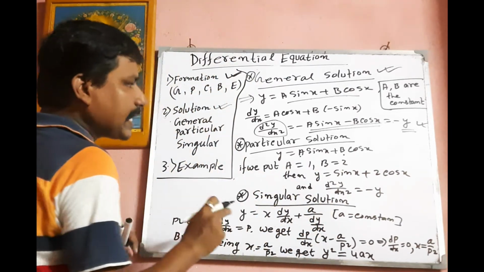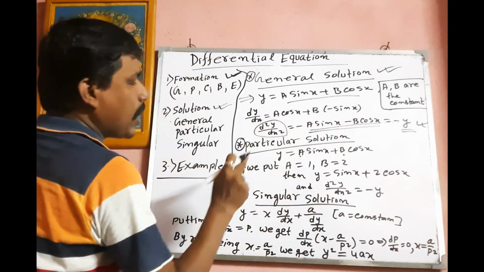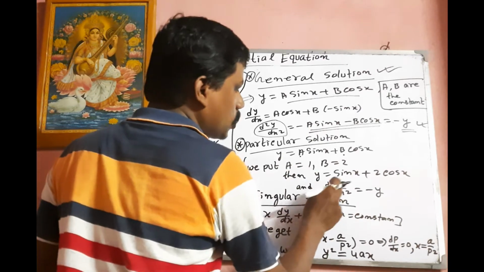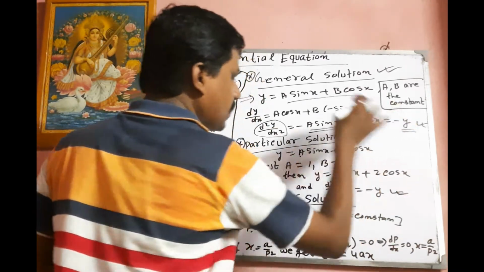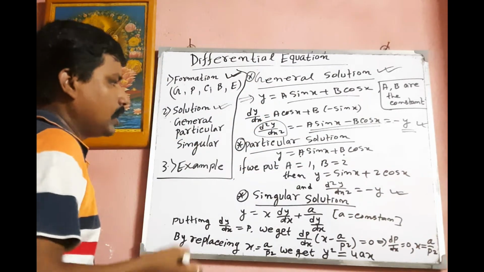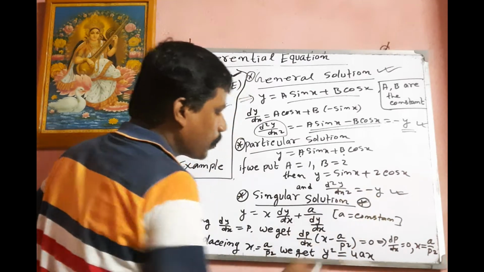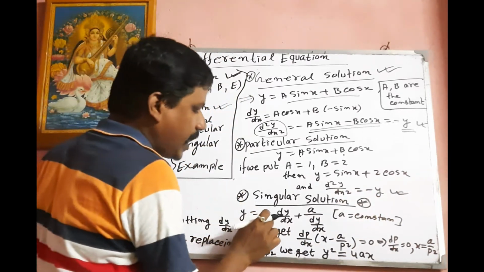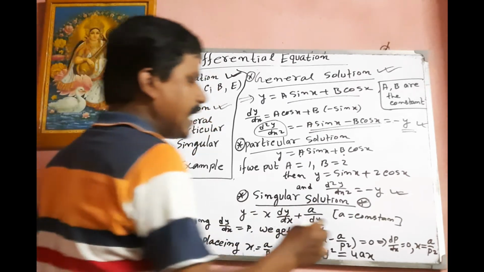Now after calculating similarly and putting the values of a and b as 1 and 2, we get d2y by dx square is equal to minus y, similarly as above. Now in the singular solution section, if we take the equation y is equal to x into dy by dx plus a by dy by dx, whereas a is a constant.